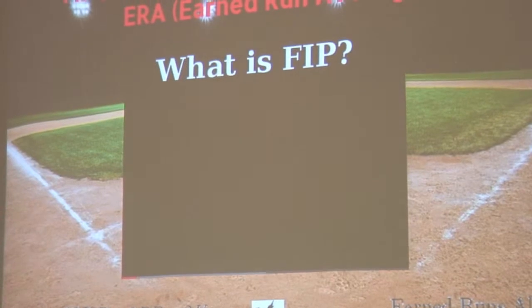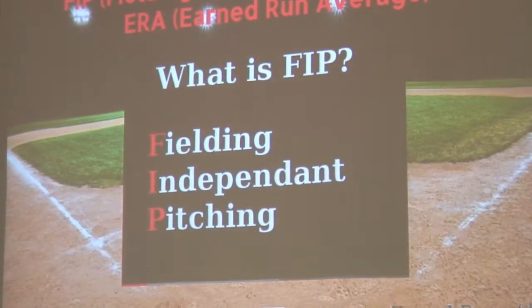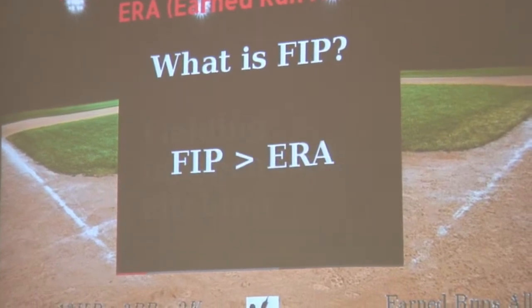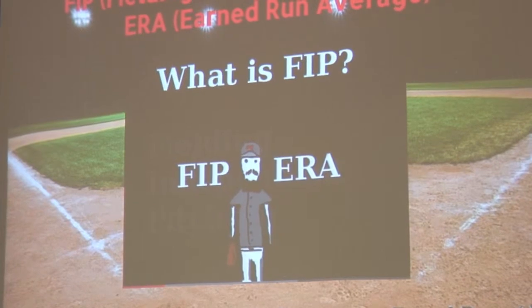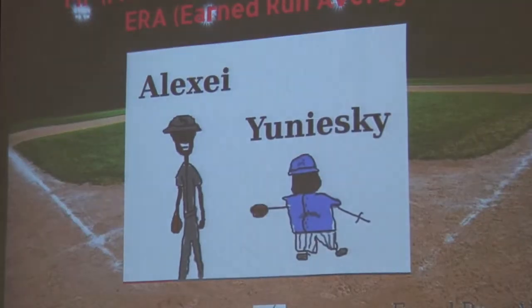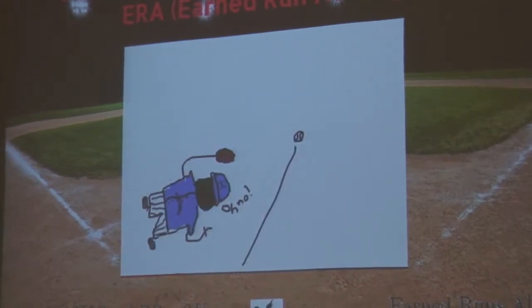What is FIP? Well, FIP stands for Fielding Independent Pitching. It's a pitching statistic that's more effective than ERA at analyzing an individual pitcher's ability. Basically, fielders are not created equally. ERA counts earned runs against a pitcher, but it ignores differences in players' range.